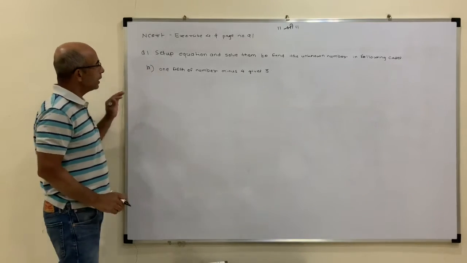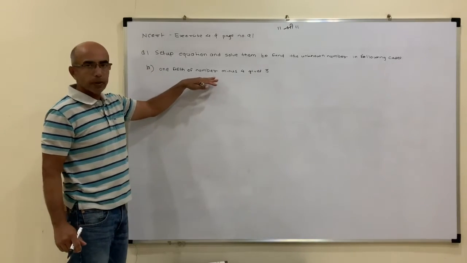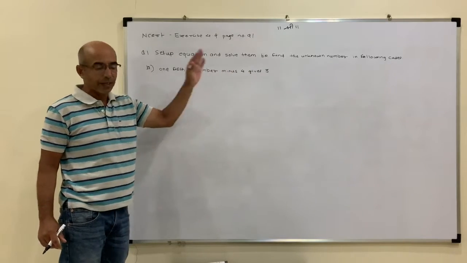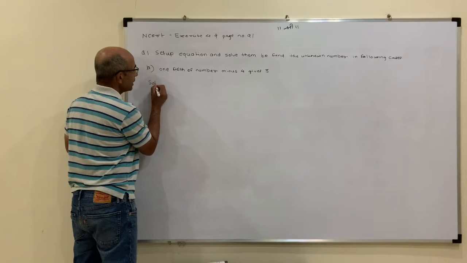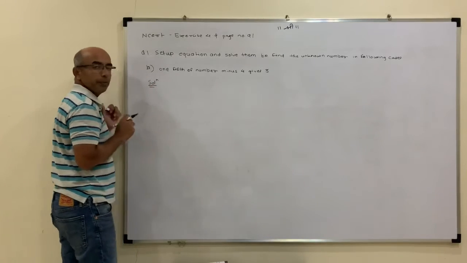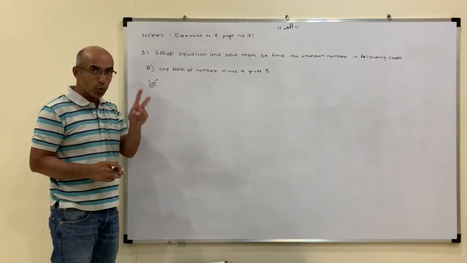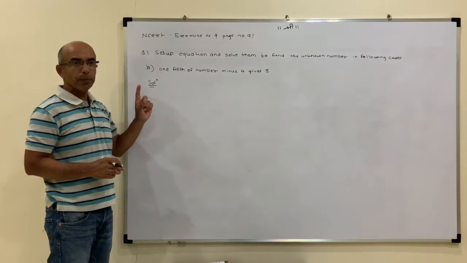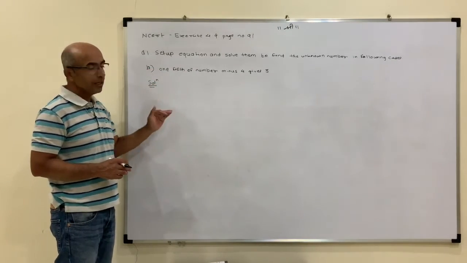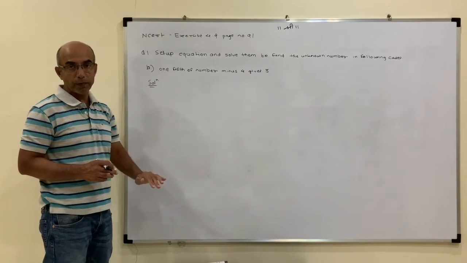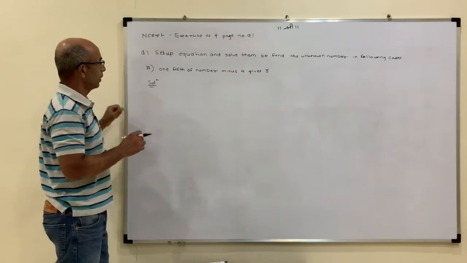Question B. 1/5 of a number minus 4 gives 3. To solve this, again we will be solving this problem in two steps. The first step will be constructing an equation, and then that equation will be solved for the unknown number.